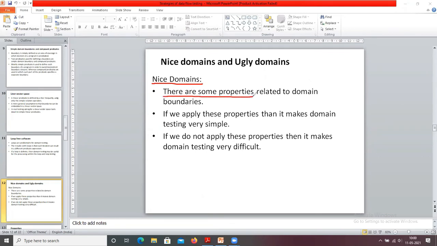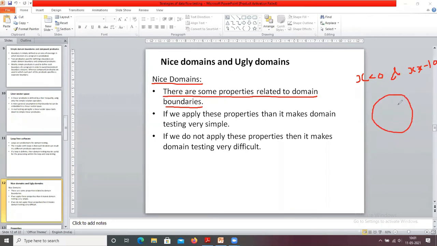There are some properties related to domain boundaries. So domain, I hope we all understand domain. For example, x less than 0 and x greater than minus 10. Now this x has some boundary.